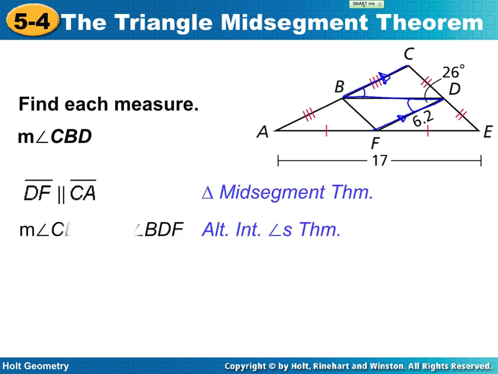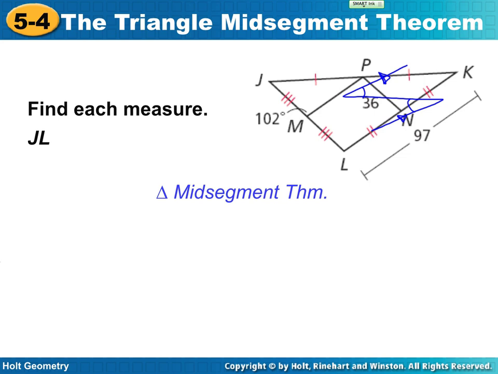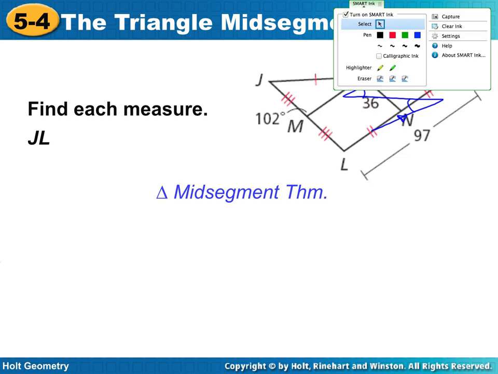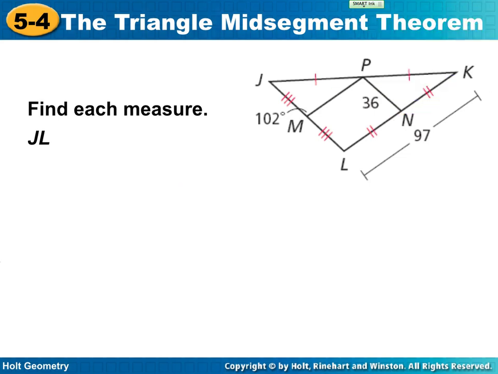Correct? How about JL's length? See the mid-segment 36? So 72, 2 times 36.